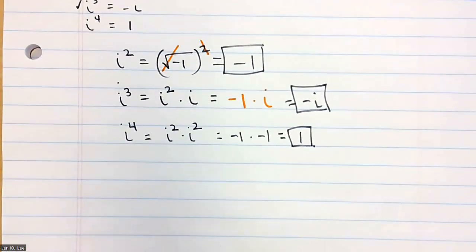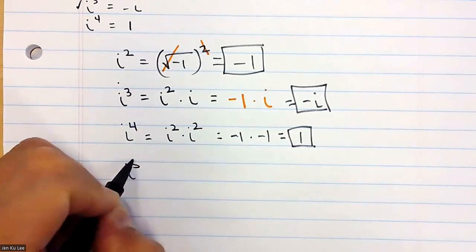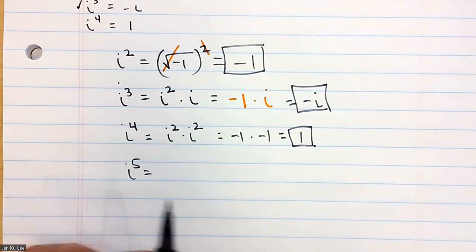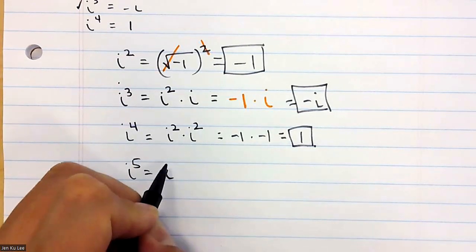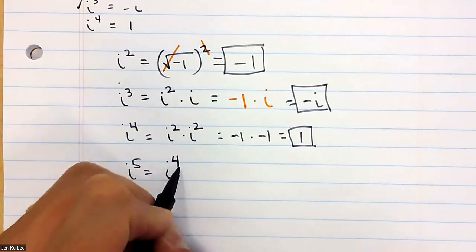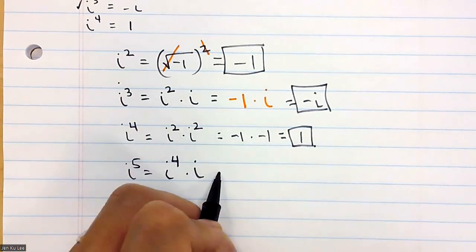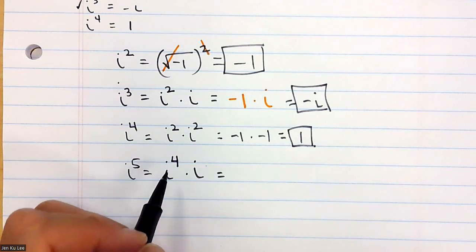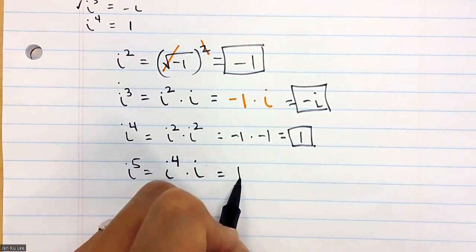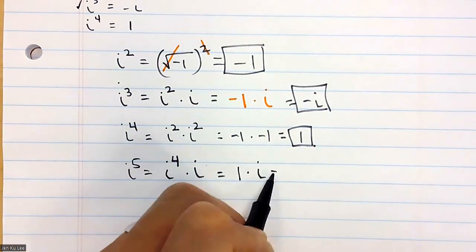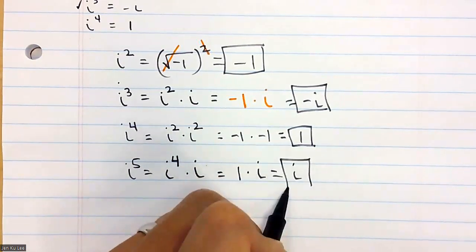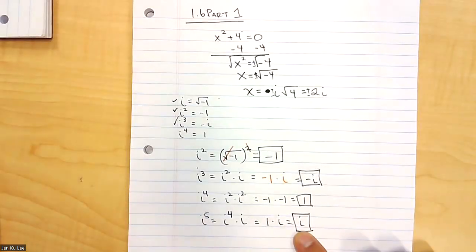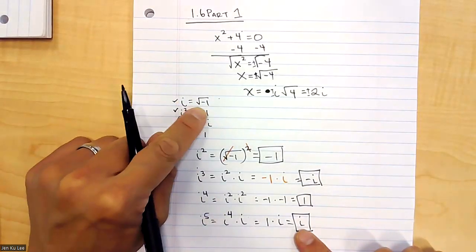And check this out. i to the 5th, I can rewrite as i to the 4th times i, right? Because 4 plus 1 is 5. So i to the 4th is 1, times i, which is just i. So now I am back to where I started.